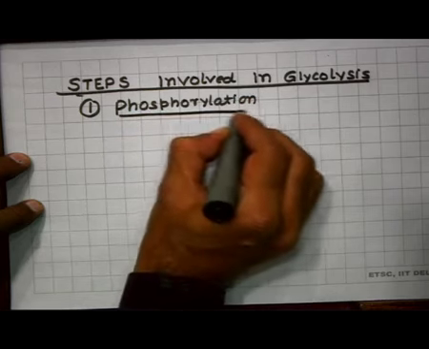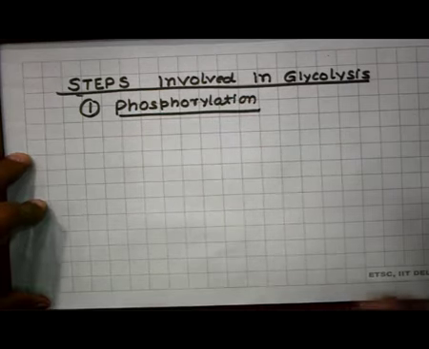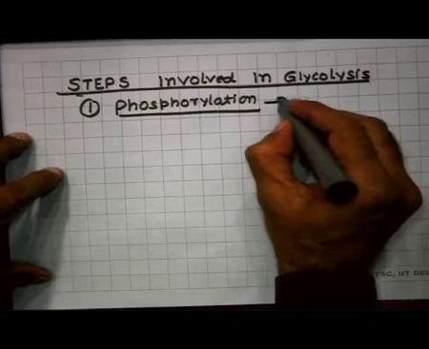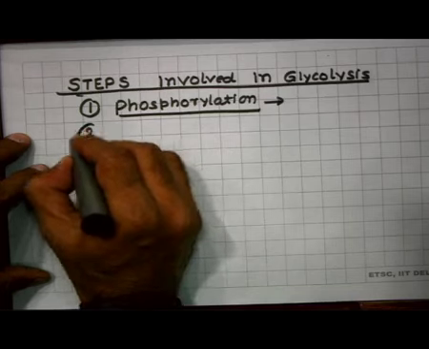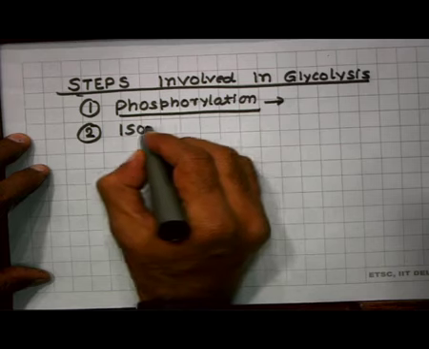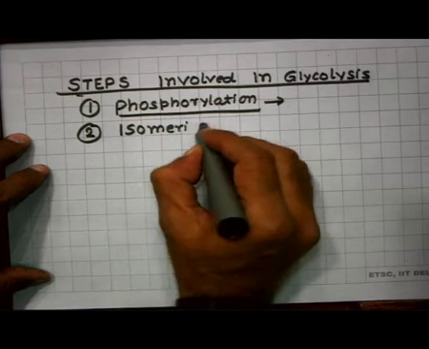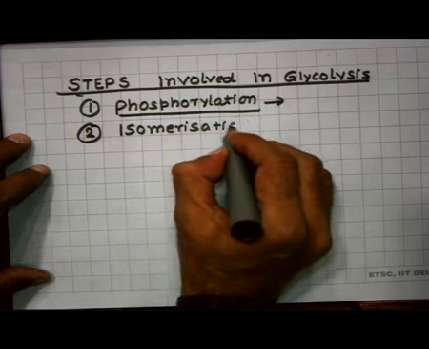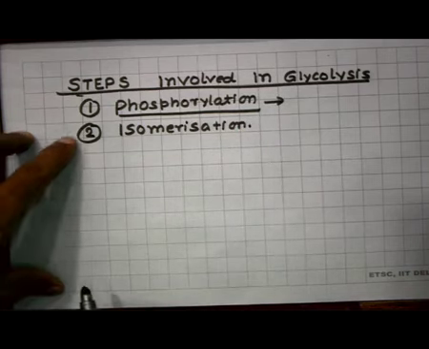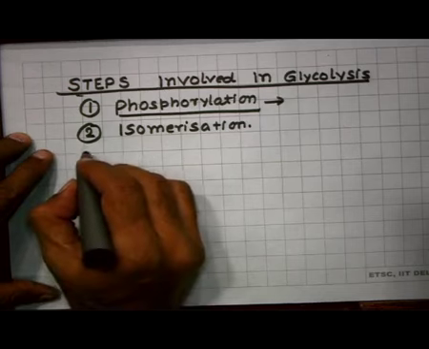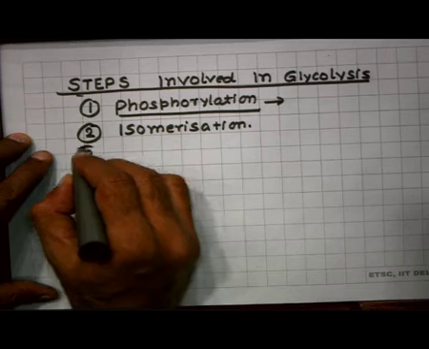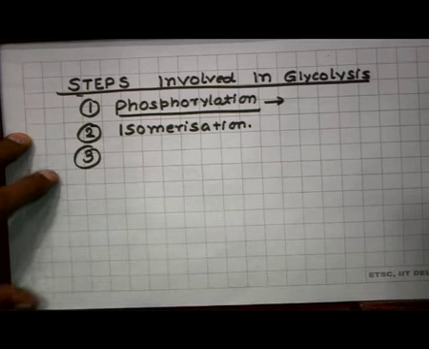As we have discussed, phosphorylation means formation of ATP or consumption of ATP. The second step in glycolysis is isomerization, where the glucose molecule is converted into fructose with the help of the enzyme isomerase.